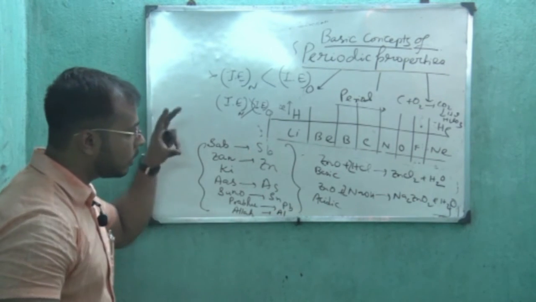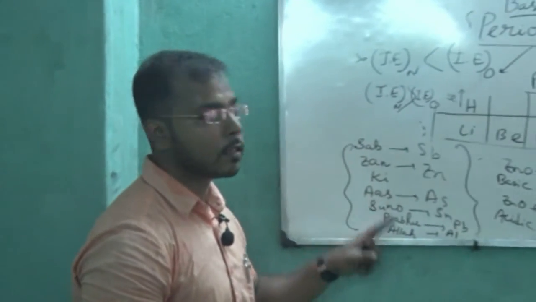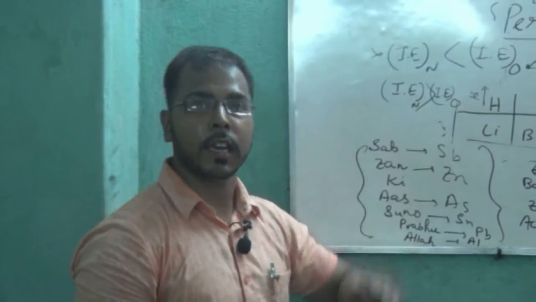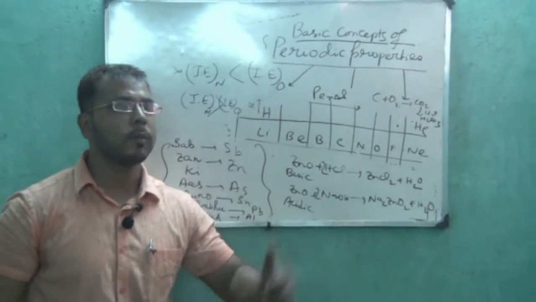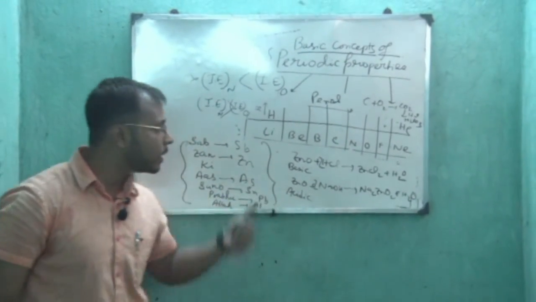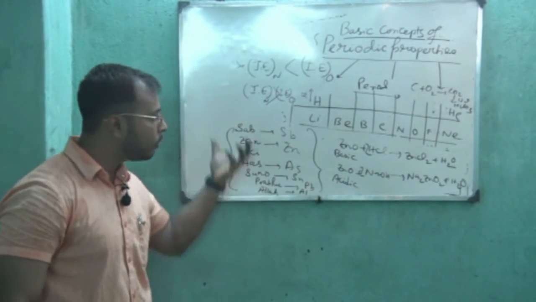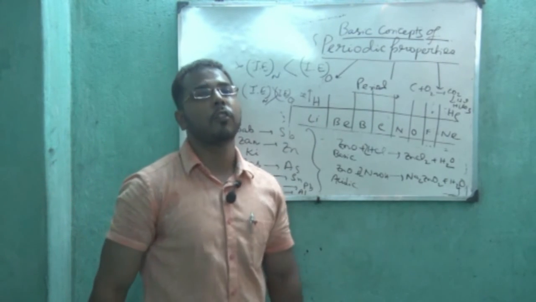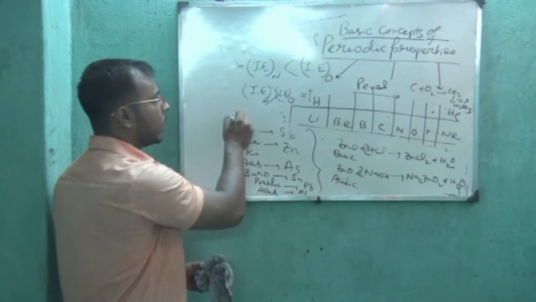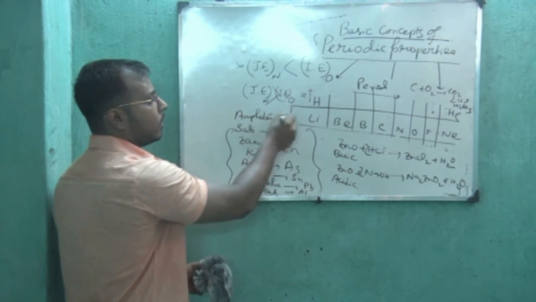These are metallic oxides, but their oxides are not basic, their oxides are amphoteric in nature. Metallic oxides are basic and non-metallic oxides are acidic in nature, but if you follow the trick, the oxides of these metals will be amphoteric in nature.